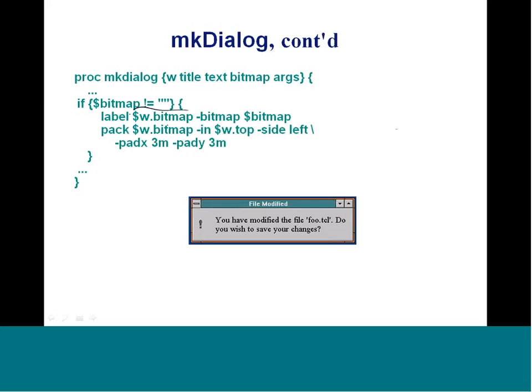So we have a new window called bitmap, and then we pack it towards the left side, and it is packed on the left. It is 3 millimeter for x and 2 millimeter for y. So that's how this text is being displayed here.